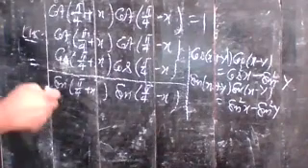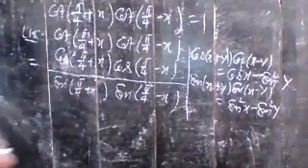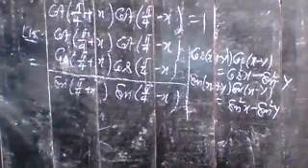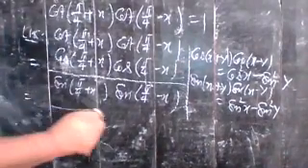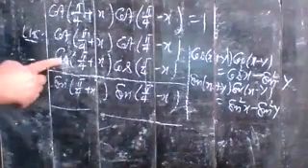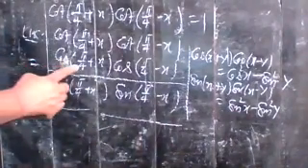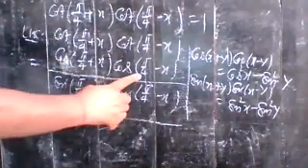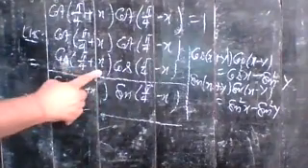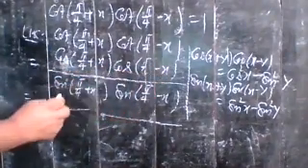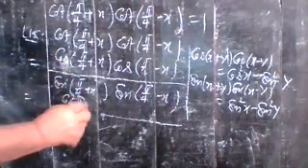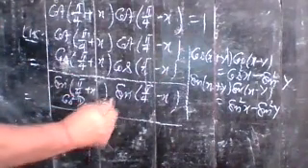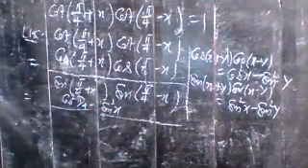Using that identity, in the numerator, cos x plus y into cos x minus y is equal to cos square pi by 4 minus sine square x.